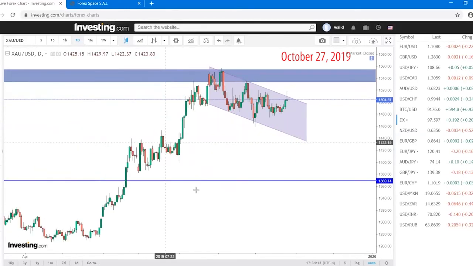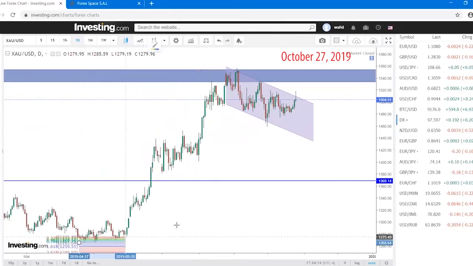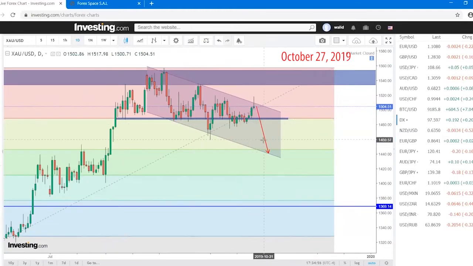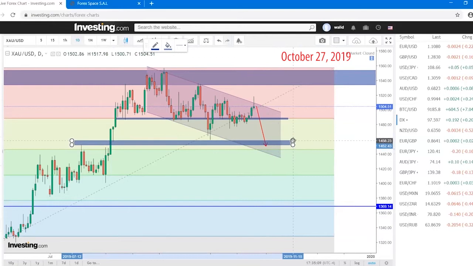You can measure also the Fibonacci retracement from the total latest up move. We might be heading to the 1450 area, which is a 38.2 level. It's also a support level here.